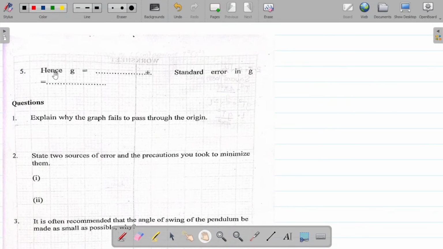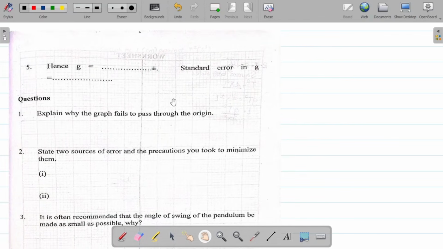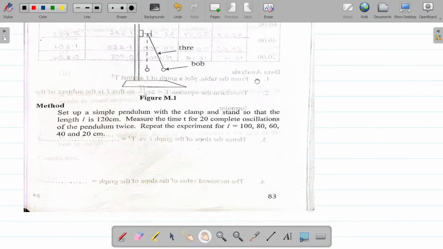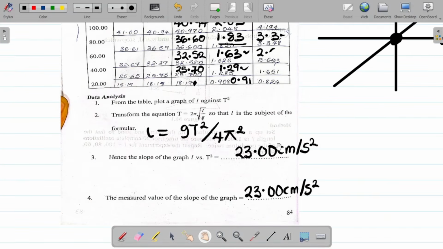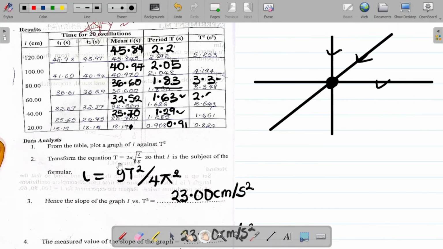Question 5 says, hence G is equal to, find the value of G, then the standard error in G equal to this. So how do you find G and the standard error in G? To get the value of G, we simply have to come back to our initial equation, the equation that we were given.